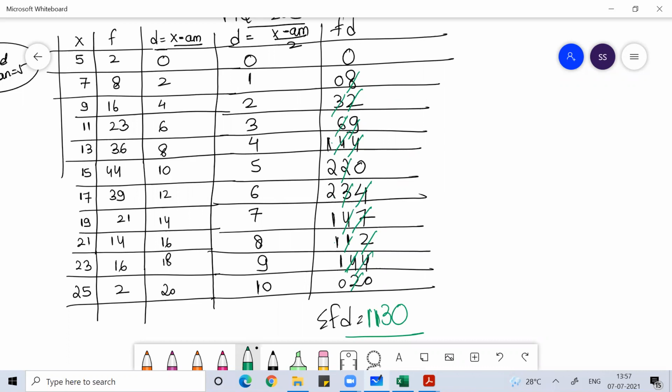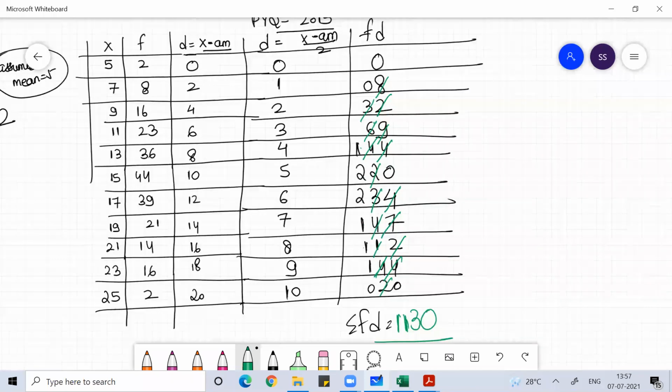So the sum of fd is 1130. Now the sum of f is equal to 2, 10, 16, 19, 29, 30, 39, 41, 51, 5, 6, 8, 11, 15, 18, 19, 20, 0, 1.